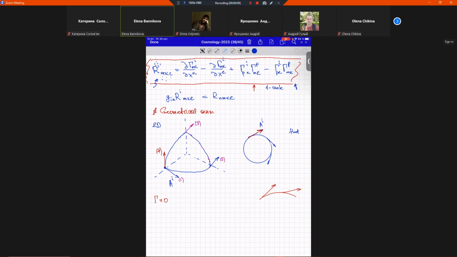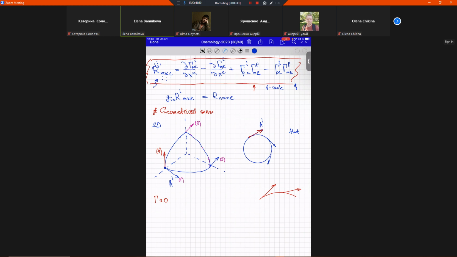In the previous lecture we obtained the expression for the Riemann curvature tensor, which is very important. And we discovered that the Riemann tensor appeared due to the fact that the covariant derivative operation is not commutative.